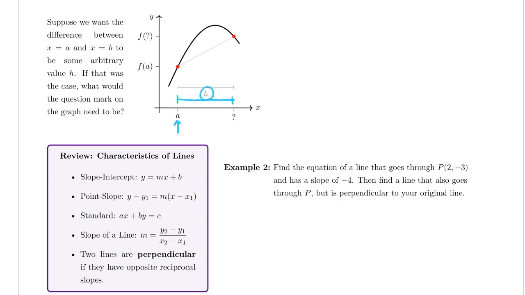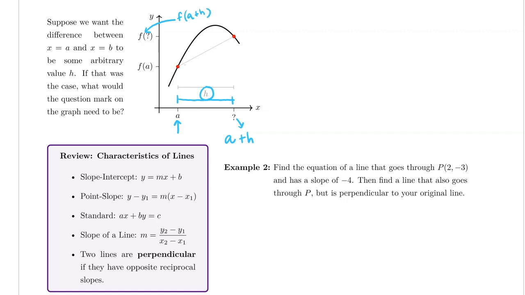So that means that this x value question mark would need to be x equals a plus h. And I can erase the x part, so I'll just say that the question mark needs to be the x value, a plus h. Now that means that this here would be f of a plus h.